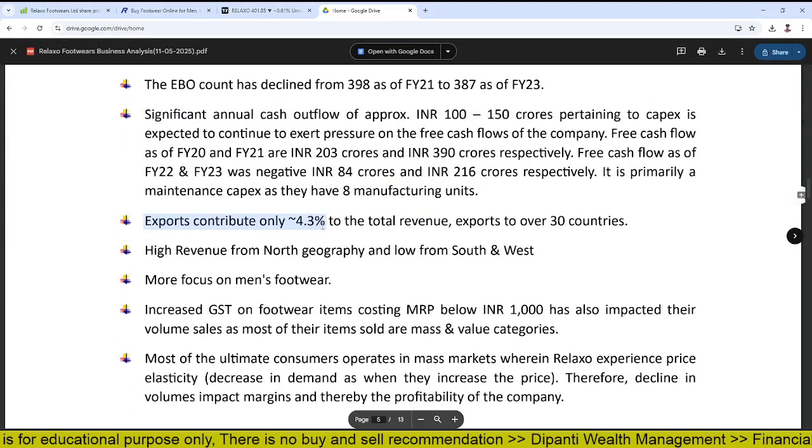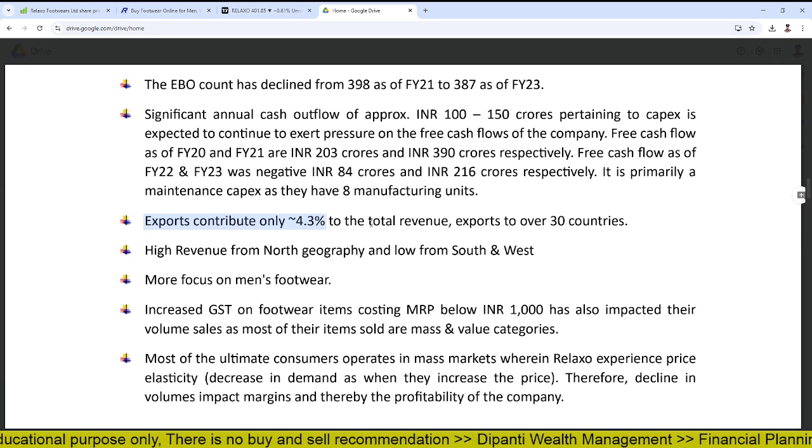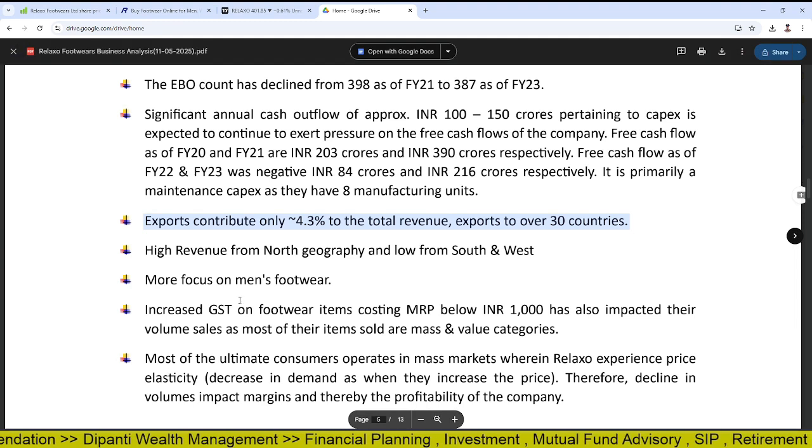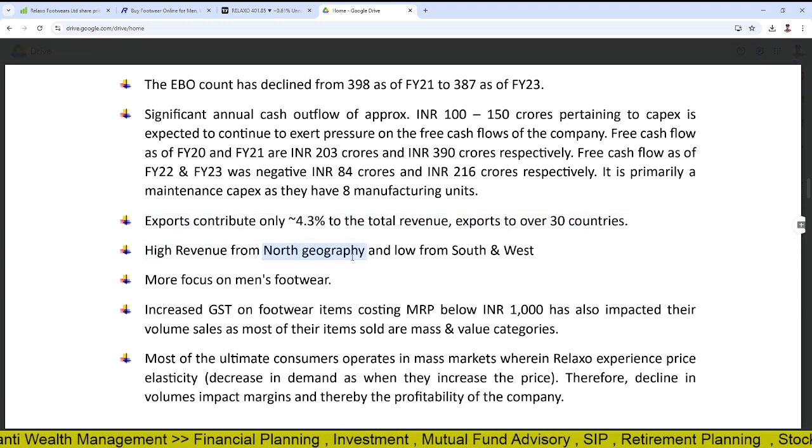The export contributes 8.4% only of total revenue, and if total revenue is 100%, then only 4.3% revenue is coming from outside India. So very low export numbers. Next negative point, high revenue from northern geography and low from south and west.